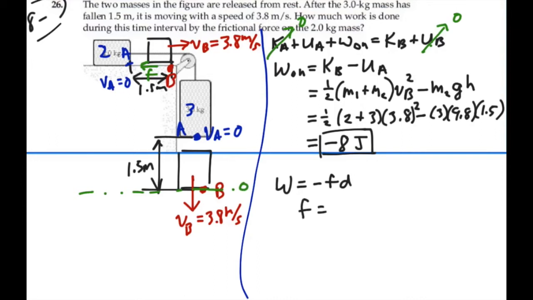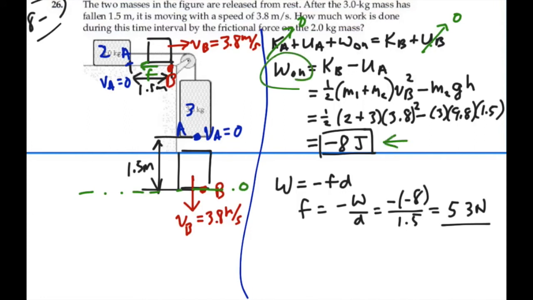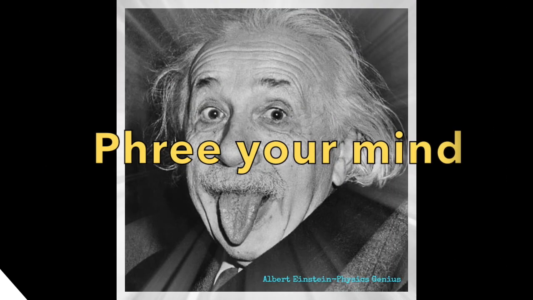So that frictional force would be equal to negative work divided by distance, which would be a negative 8 over 1.5 meters, and that is equal to 5.3 newtons. That would be the frictional force that is acting on the 2 kilogram mass, but we weren't asked for that. We were asked for the work done, and that is a negative 8 joules.